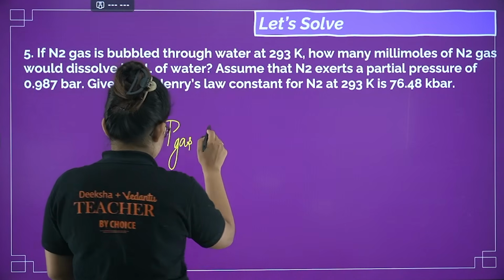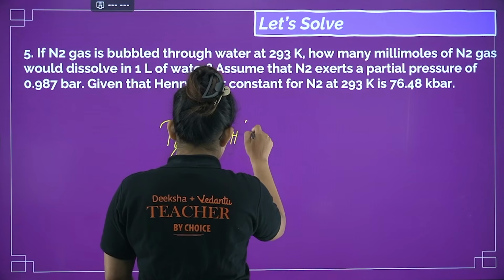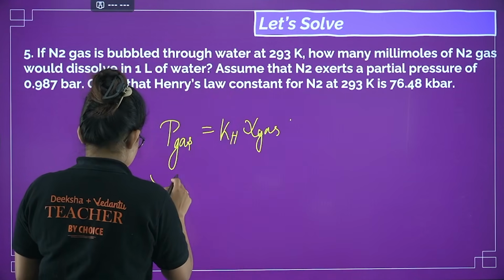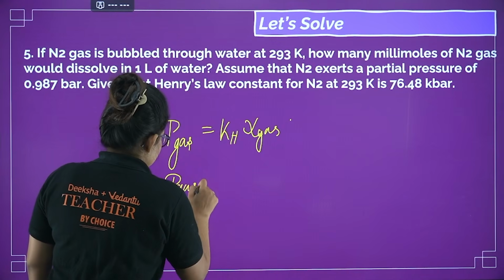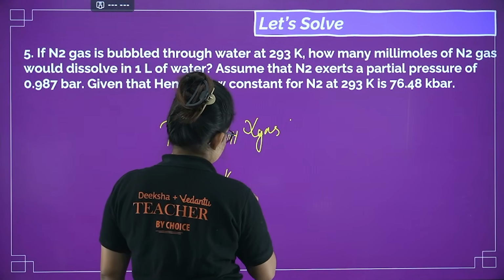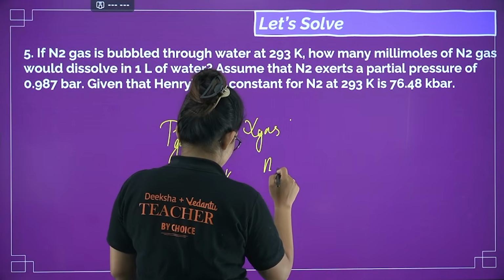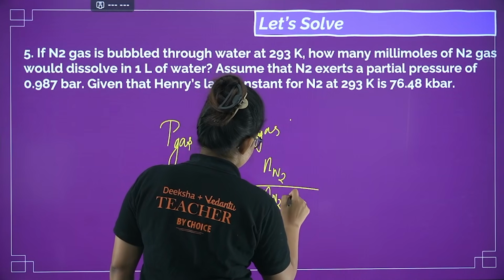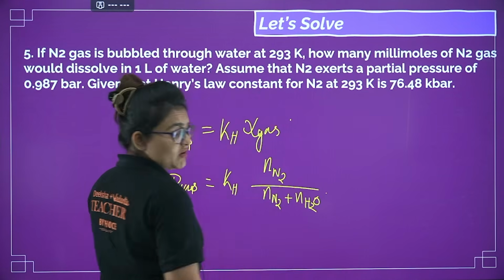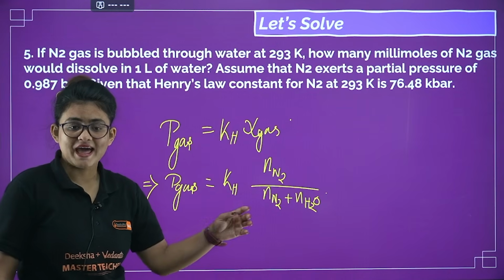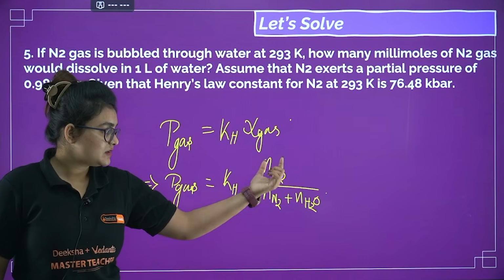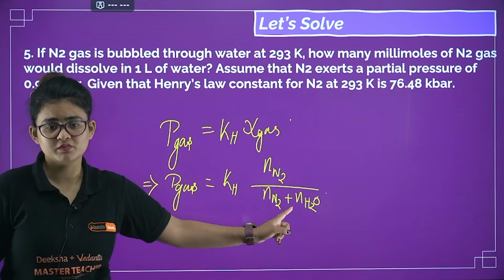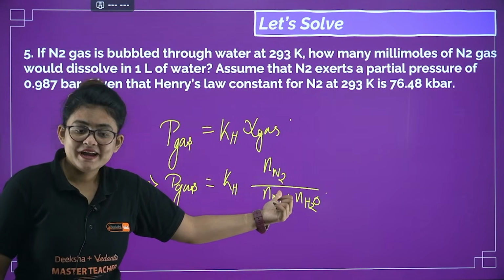Partial pressure of gas is equal to kH times the mole fraction of gas. From here I can write that it equals kH times the mole fraction, which I can break down: the number of moles of nitrogen divided by the number of moles of nitrogen plus the number of moles of H2O. Now let me tell you one thing, my dear. Whenever a gas is dissolved in water, the number of moles of that gas is very small compared to the number of moles of water, so you can simply neglect it.